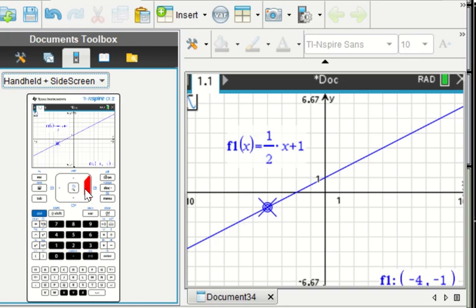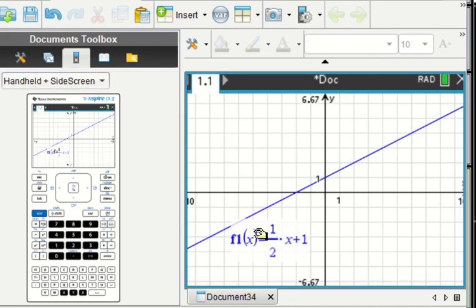So we go right 2, up 1, right 2, up 1, right 2, up 1, all the way to the other end of the graph. And we end up at 10, 6. So now I can graph my piecewise function.